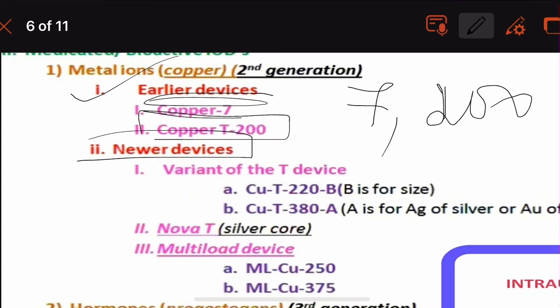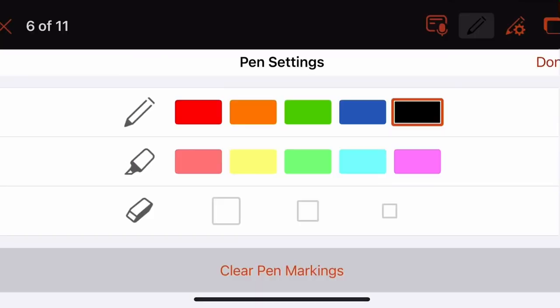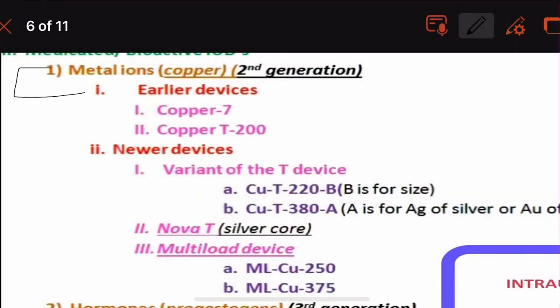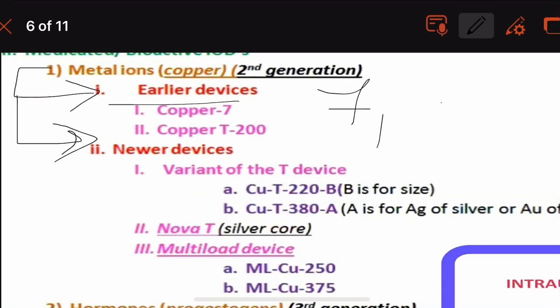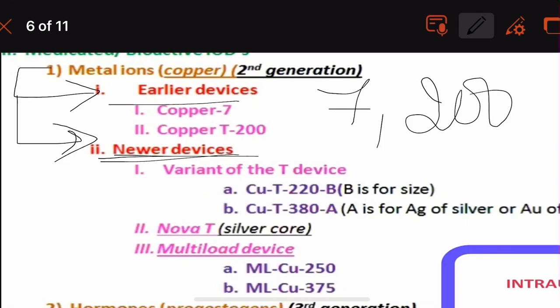The classification is earlier devices and newer devices. Under the earlier devices, copper 7 and copper T200. Under the newer devices, there are variants of the T device: copper T220 and copper T380.